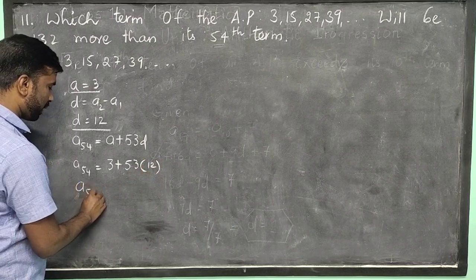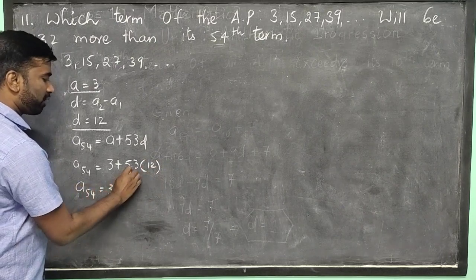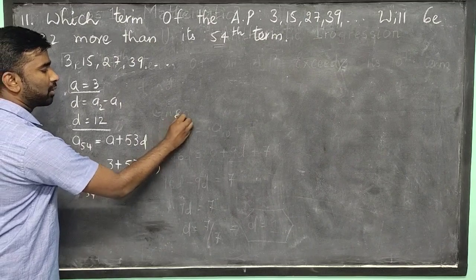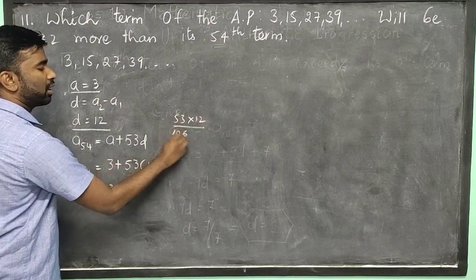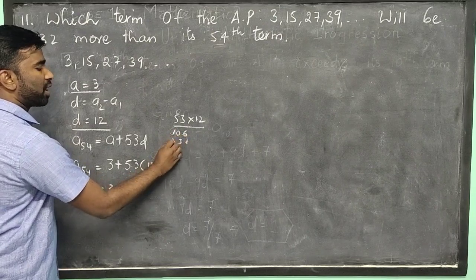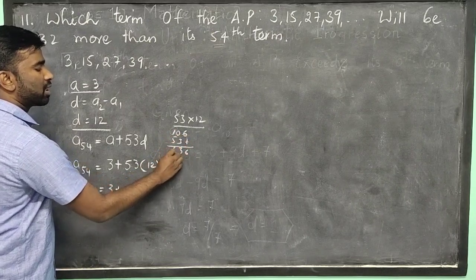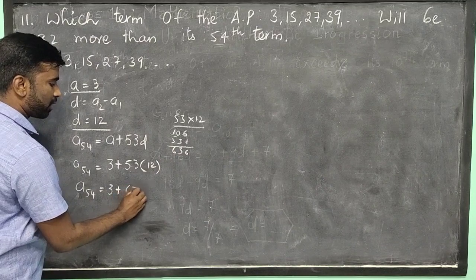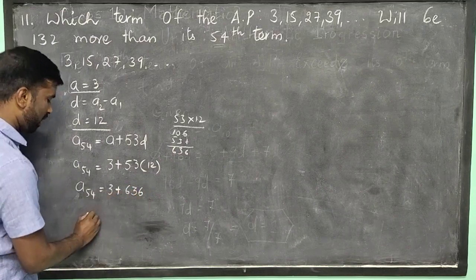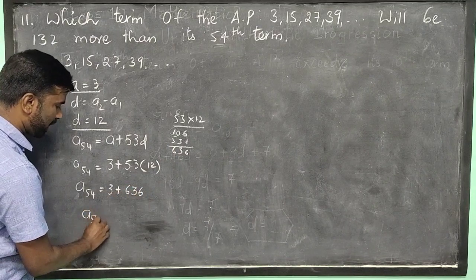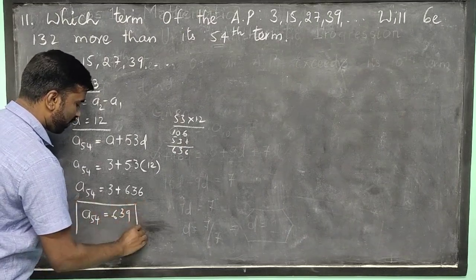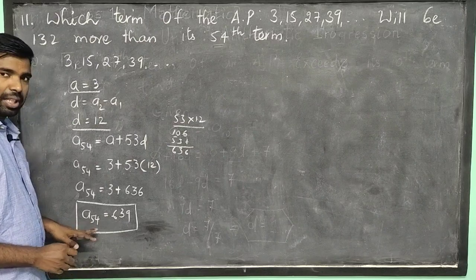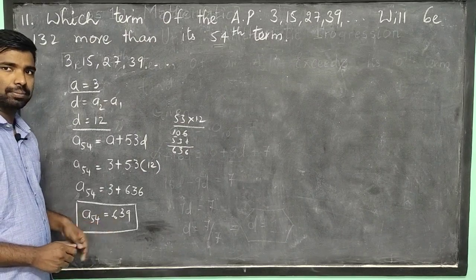Now multiply 53 into 12, what do you get? We get 636. Plus 3 now, the 54th term equals 639. We have found out the 54th term as 639.